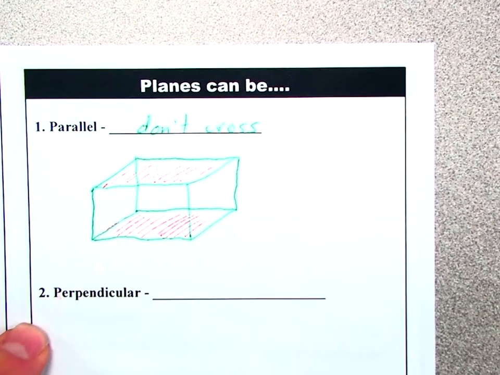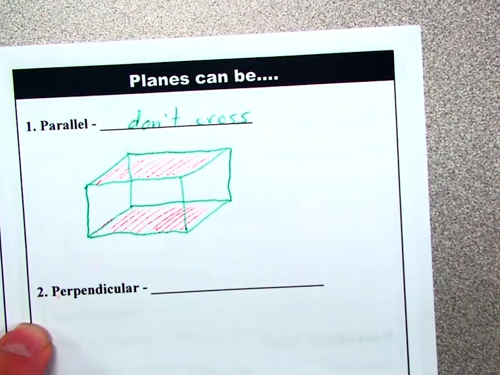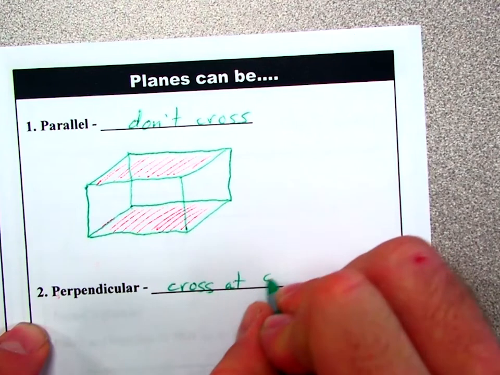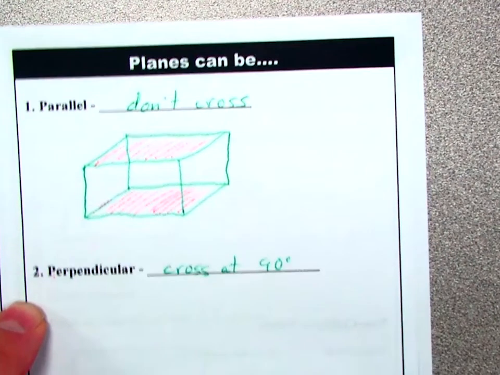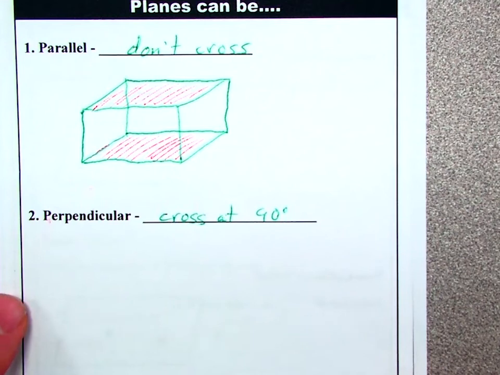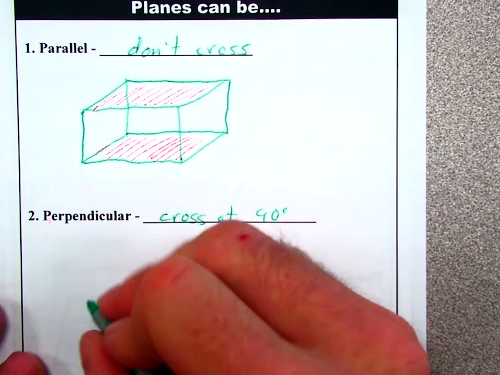Well, if the planes are perpendicular, that just means that they're going to cross at 90 degrees. If I'm going too fast, obviously you can pause it. So pause, rewind, and catch up. We'll draw a box again.